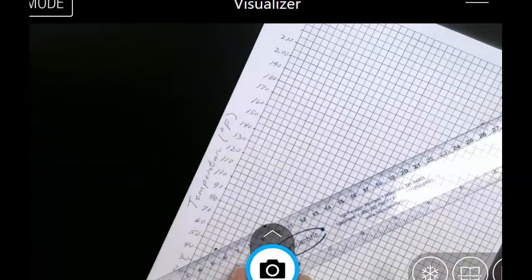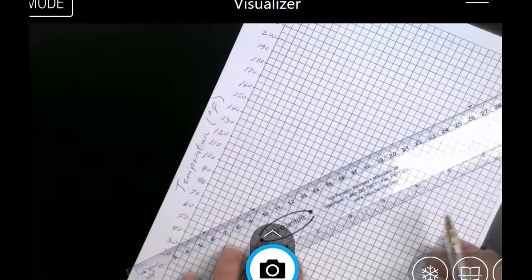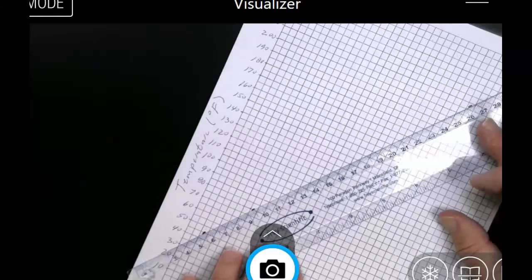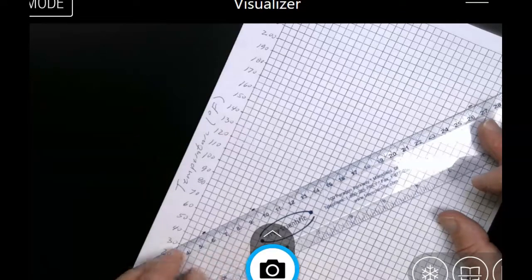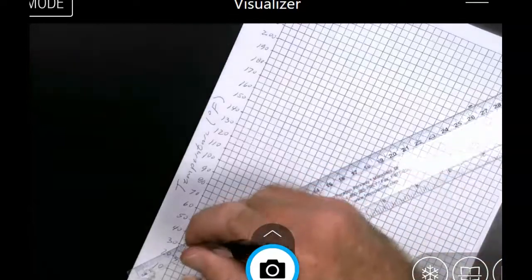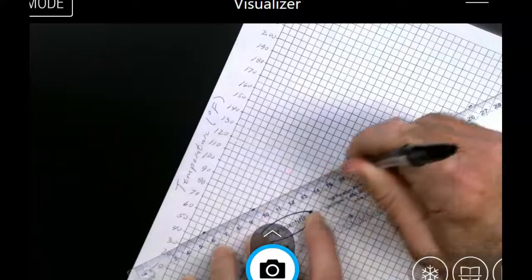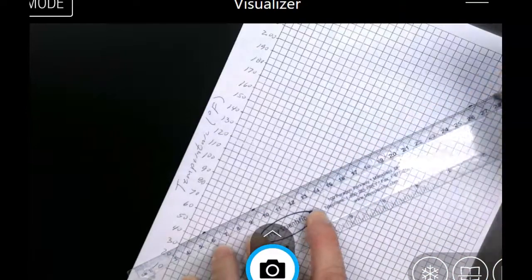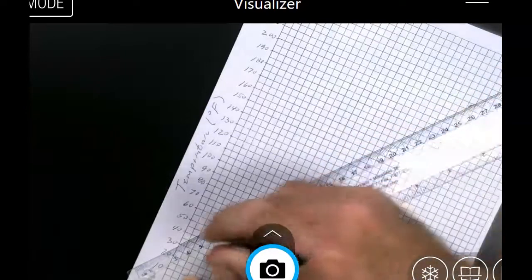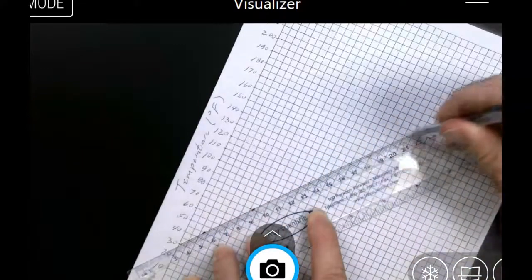With real data, you're going to have some points that are above the trend line, some points that are below. That's okay. You just eyeball it to best fit your data. That's why many people call it a best fit line. It best fits your data. Okay, and you can extend it as far as you want.